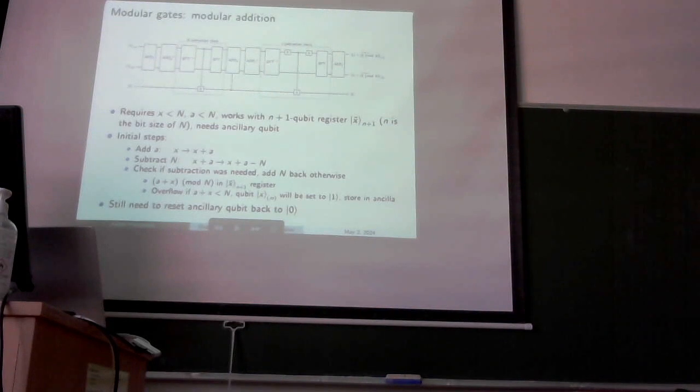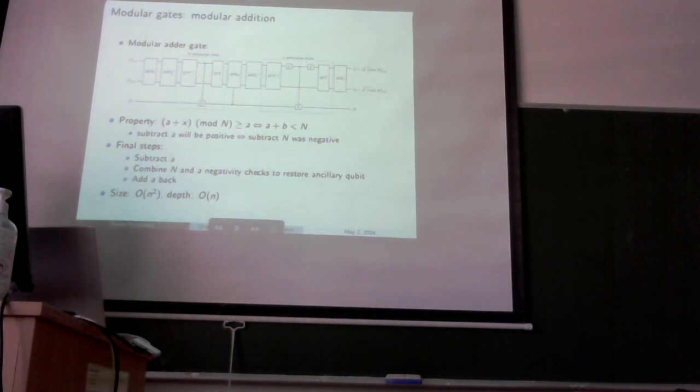That is what the second half of the circuit consists of. Here we use the following property, which translates into the idea that this first n subtraction and now making another subtraction of a are mutually exclusive in a certain way, in the sense that if this first subtraction was negative, then now subtracting a will be positive, and vice versa.